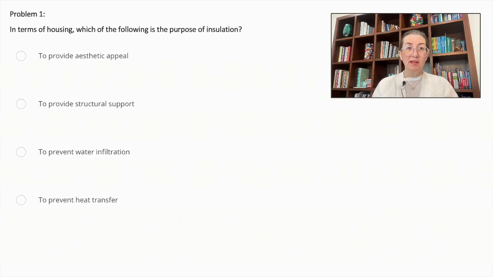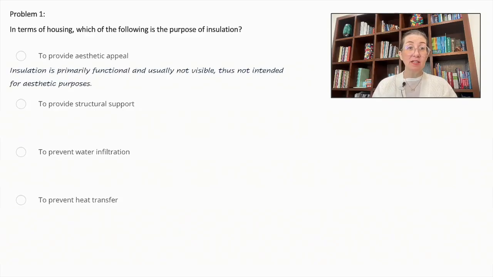Problem number 1. In terms of housing, which of the following is the purpose of insulation? To provide aesthetic appeal. Insulation is primarily functional and usually not visible, thus not intended for aesthetic purposes. To provide structural support.